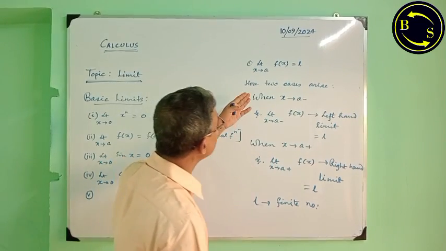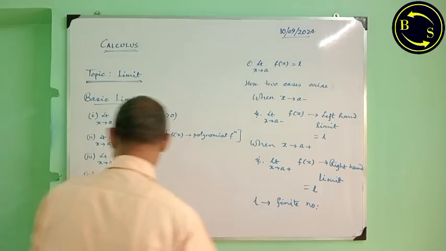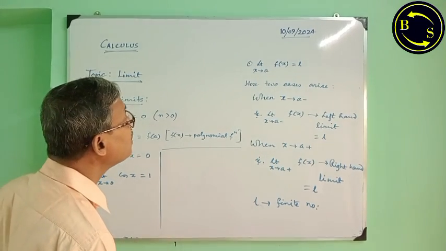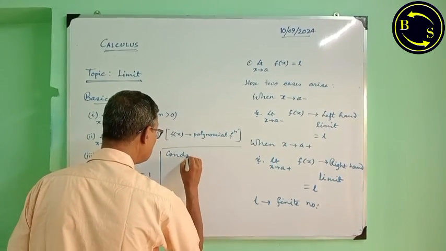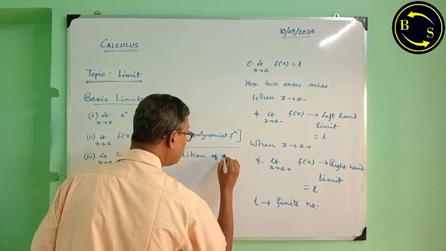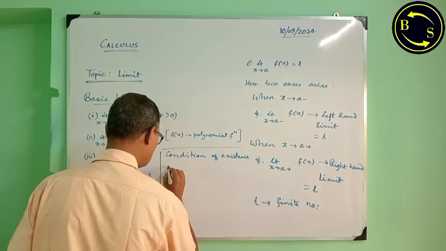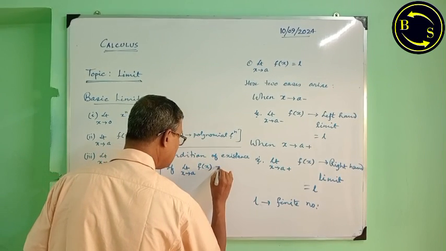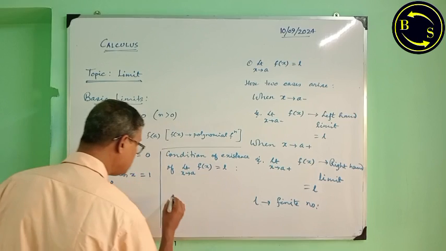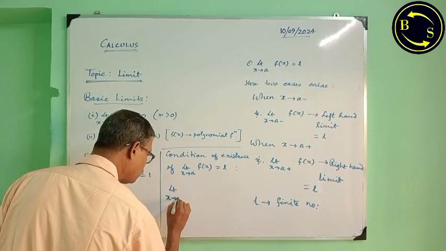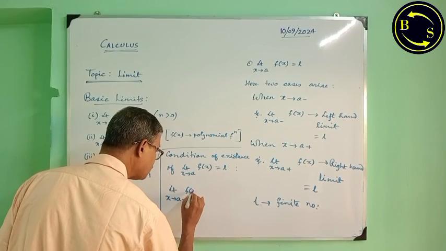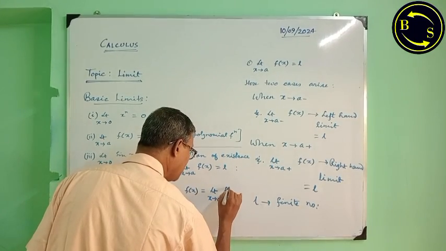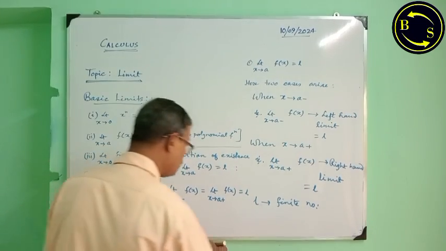Then we say limit x tends to a fx equal to L. Thus, we can say the condition of existence of limit x tends to a fx equal to L is limit x tends to a minus fx is equal to limit x tends to a plus fx, both of which will be equal to L.